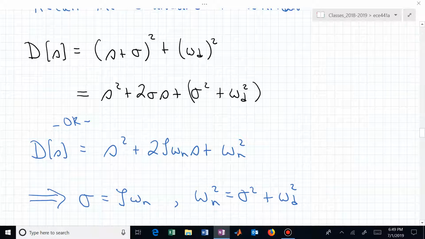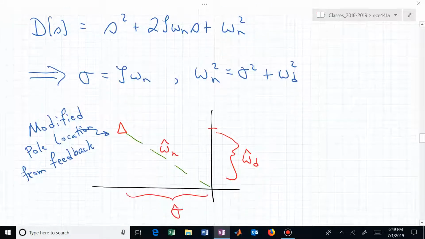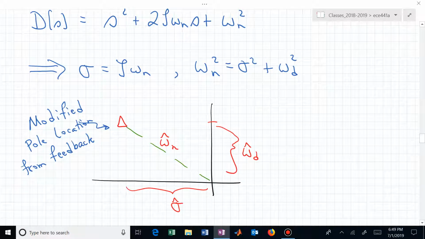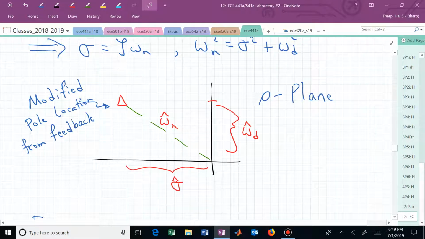Zeta is related to the angle, omega sub n is the hypotenuse. We now have all these different ways of thinking about where those poles are in the complex S-plane and how we might be able to adjust those by the appropriate feedback signals.